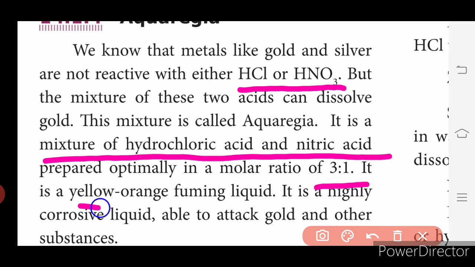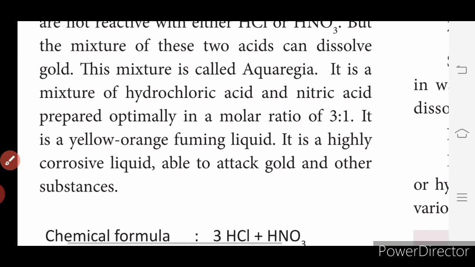It is a yellow-orange fuming liquid. A small amount of fume, or smoke, is emitted when these two acids combine, and the fume is yellow-orange in color. It is a highly corrosive liquid that can attack gold and other substances.